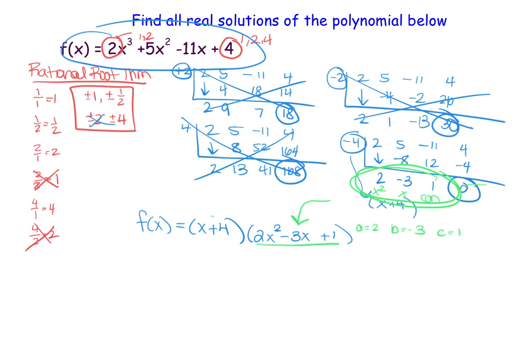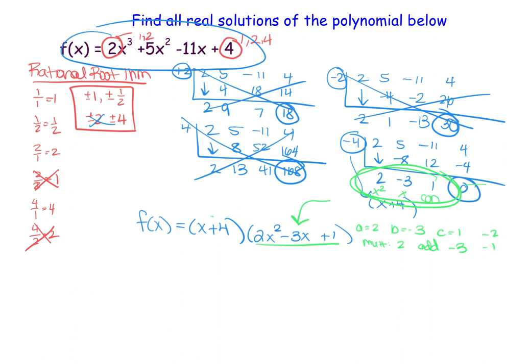So if this is factorable, I would need two numbers that multiply to 2 times 1, which is 2, and add to negative 3. So two numbers that multiply to 2 and add to negative 3. If I think about that, I can get negative 2 and negative 1.